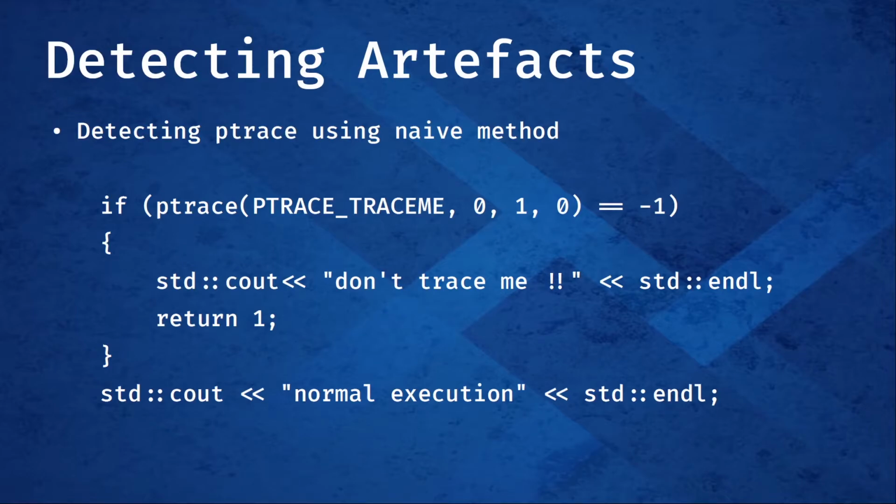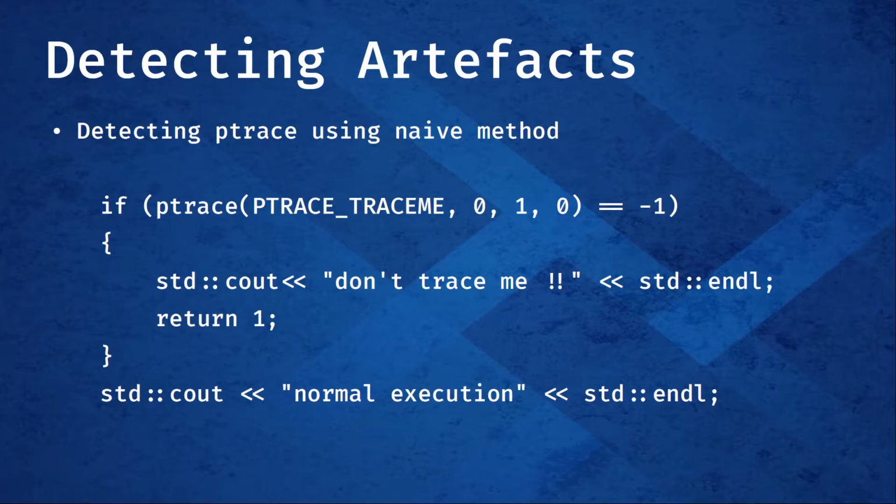Then we can try to figure out if there are certain artifacts which are generally created when a debugger is trying to debug a process. We can probably check for them. So the most common method that you can probably find on the internet on way too many blogs is basically attaching to ptrace.